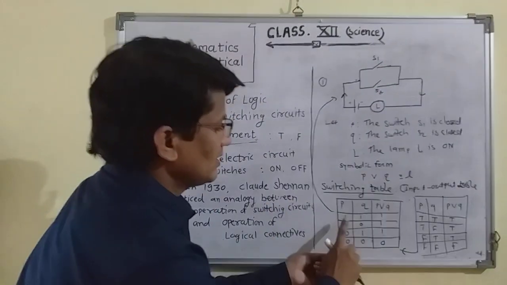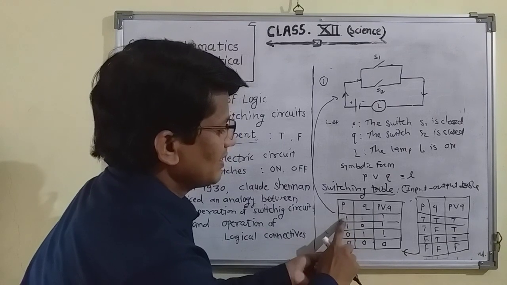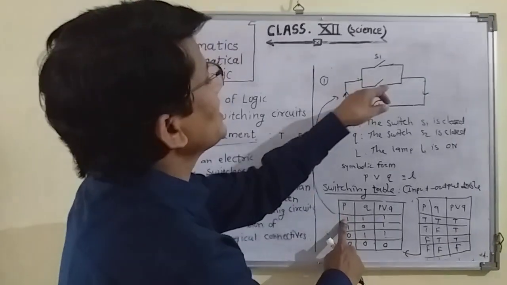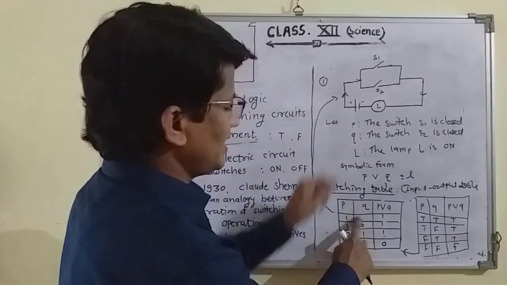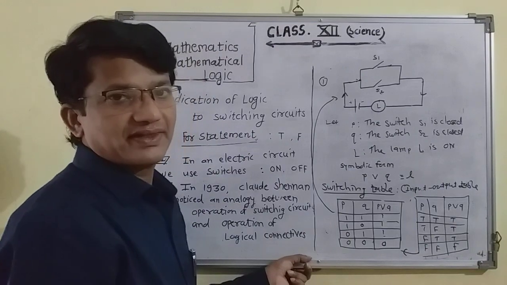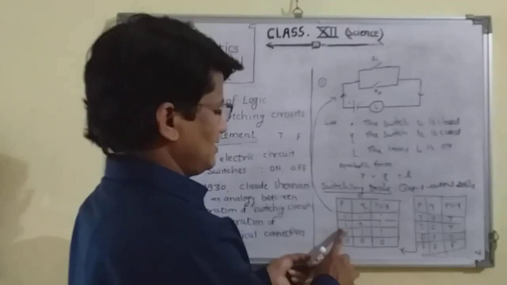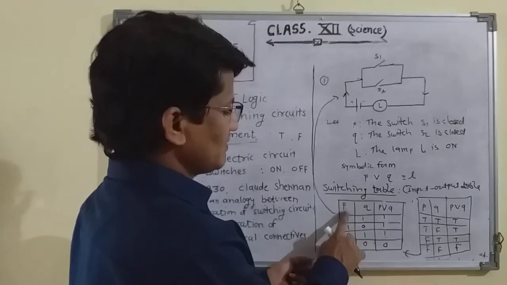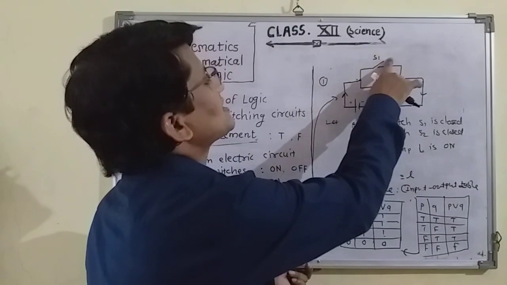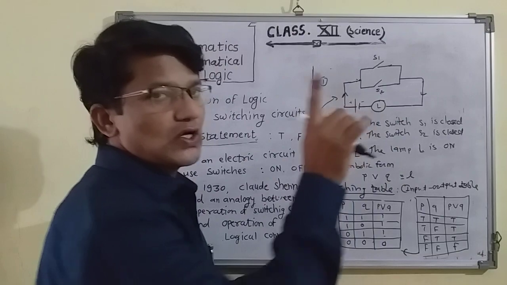The switch S1 is closed, truth value is 1. S2 is closed, truth value is 1 here, look here. And the result is 1, which means the lamp will be on. Okay. In the second condition, S1 is 1 here as written. This is closed, but this is open. Open means what?